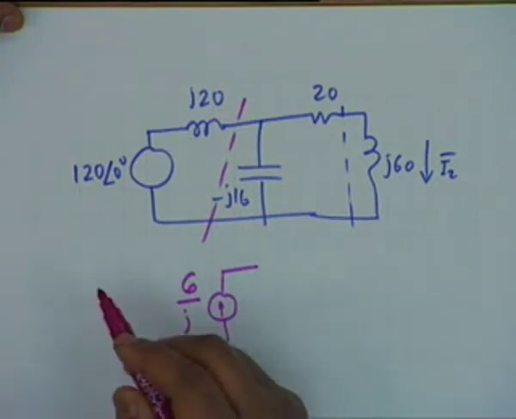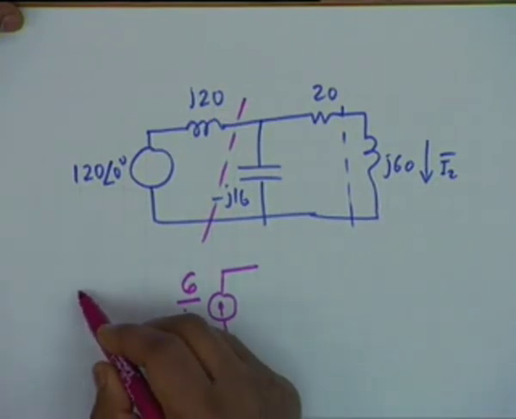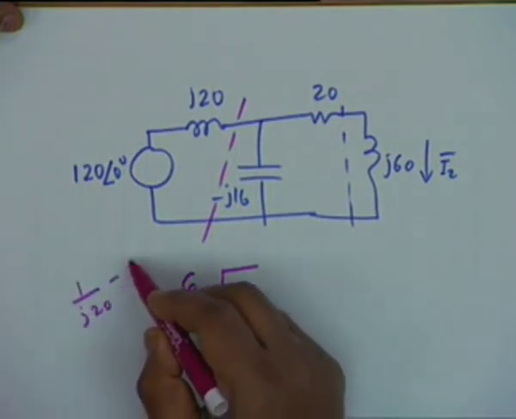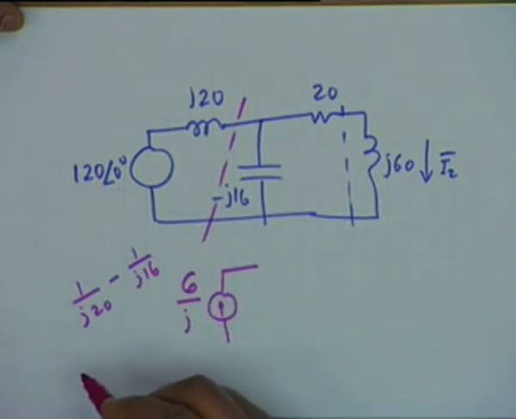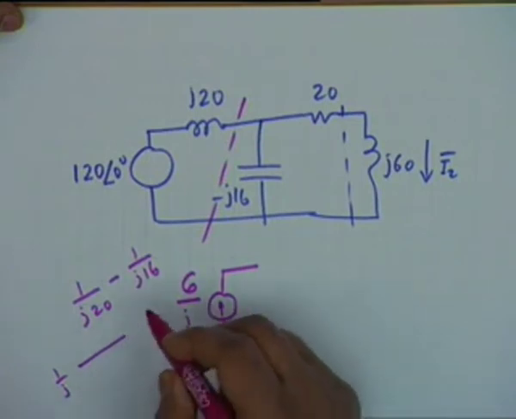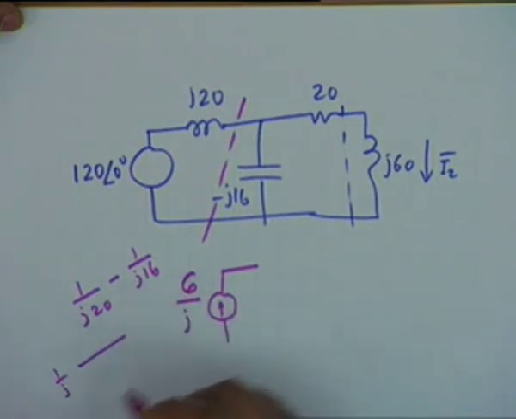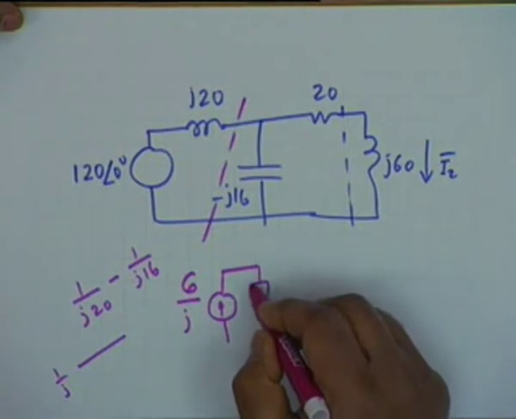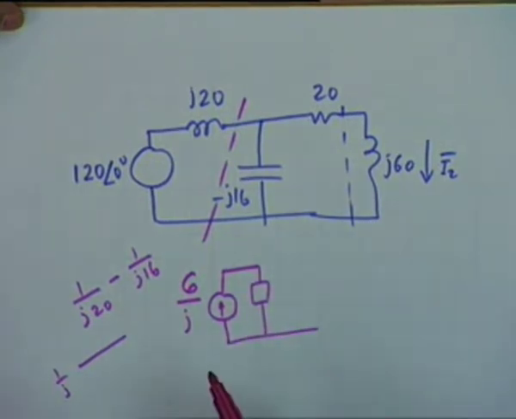You have to take the admittance and then take the sum. Therefore 1 by J20 minus J16, which is 1 by J, well, you can simplify this, whatever the result is, that is what you have to put here, a single admittance.